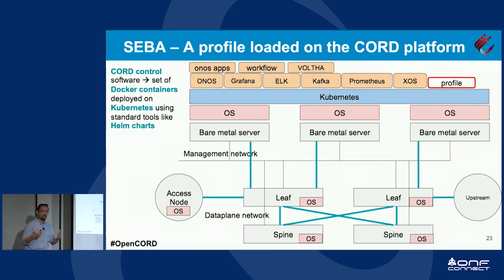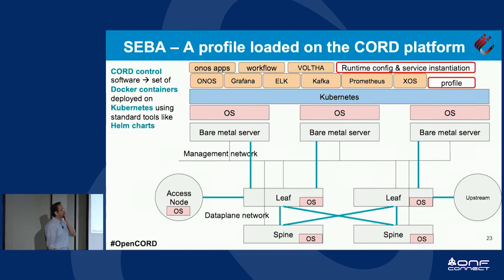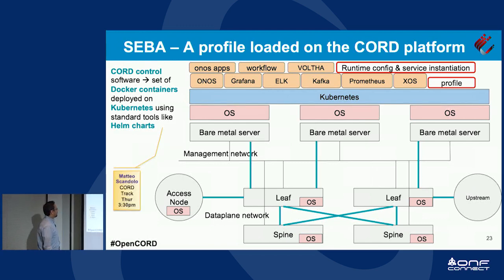Every operator has essentially a different workflow, and I'll come to that in a bit. All the runtime configuration and service instantiation happens on top of the profile. If you want to know more about that, I also encourage you to visit Mateo's talk in the CORD track Thursday at 3:30 p.m.